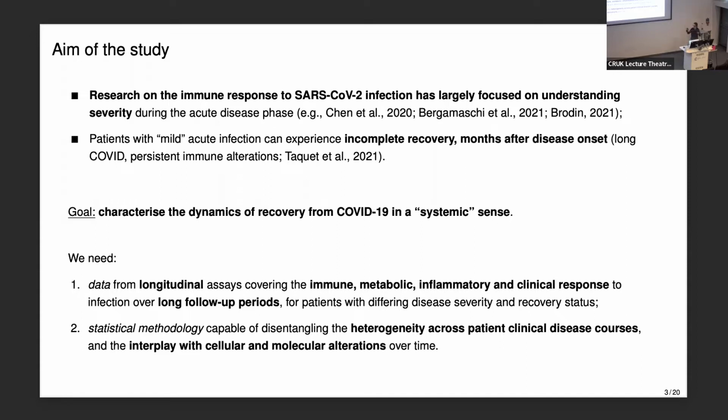So across the immune system, across the metabolic system, across the inflammatory system, and also ideally we need longitudinal versions of this data if we want to understand recovery, right? So we need samples that are taken regularly over months after disease onset.